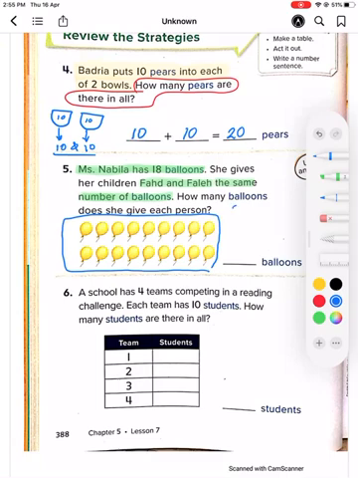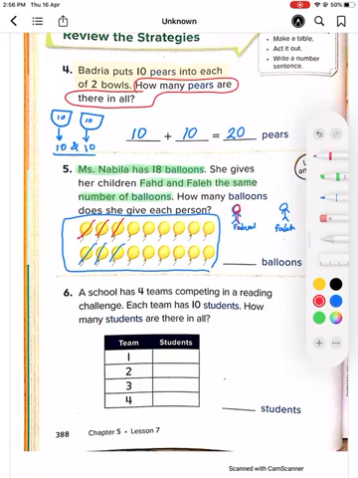Maybe we can draw Fahad and Faleh, and then we will give them a balloon each time. Let's start. This balloon for Fahad, this balloon for Faleh, Fahad and Faleh.